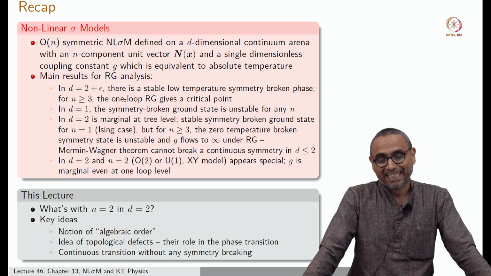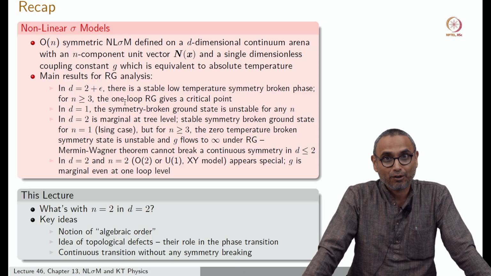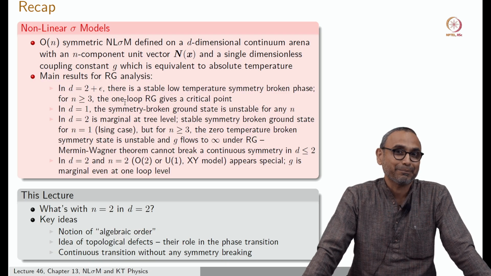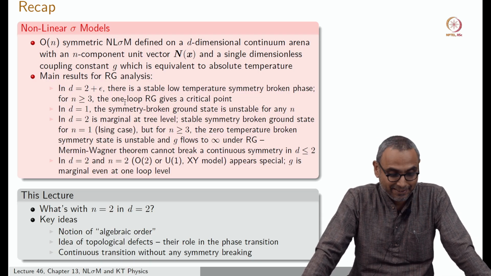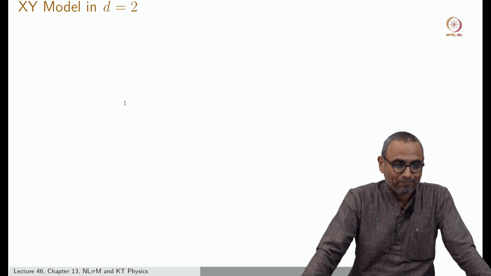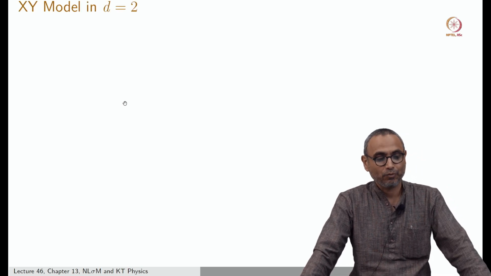And most interestingly, you will see an example of a continuous transition without any symmetry breaking. Okay, so this, as you can see, is already fairly variety of new things here, and so let's move on and see how we get to those things.